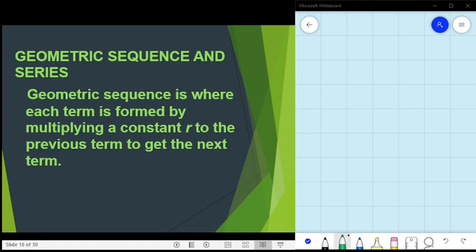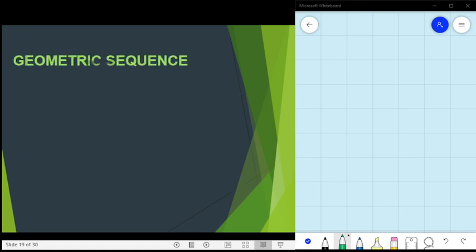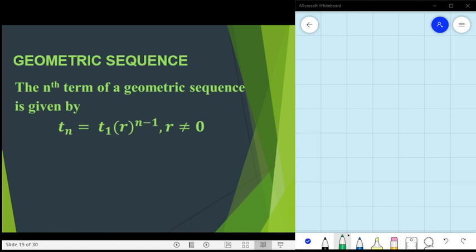So, if in an arithmetic sequence you add a constant difference, now you multiply, wherein the constant r is what we call the common ratio. The formula for getting the nth term of a geometric sequence is T sub n is equal to T sub 1 times quantity r to the n minus 1, wherein r must not be equal to 0.